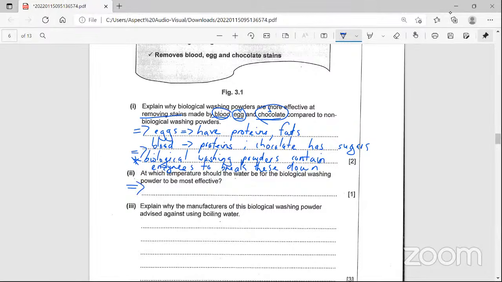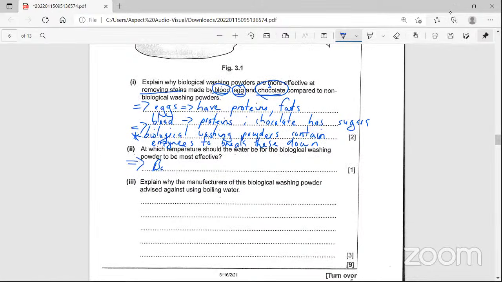Definitely below 100. You won't get a mark for that. Should be exact. 40. You won't get a mark. The water has to be warm. 37, right? Body temperature, guys.